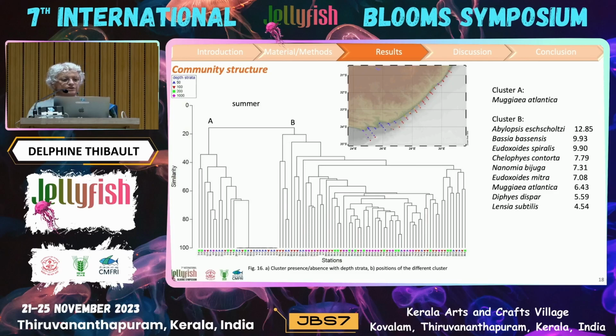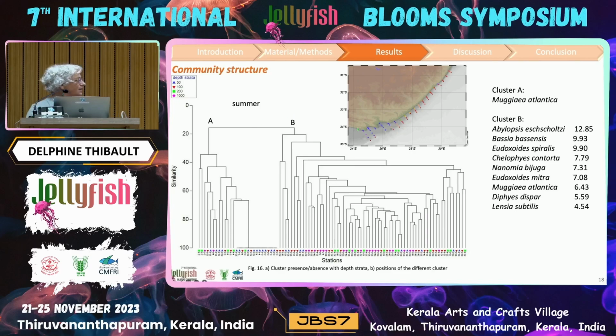So I tried to do some community structure looking at absence and presence of siphonophores. And I was surprised to see something so different. On that cluster, A is only driven by Muggiaea atlantica abundance.